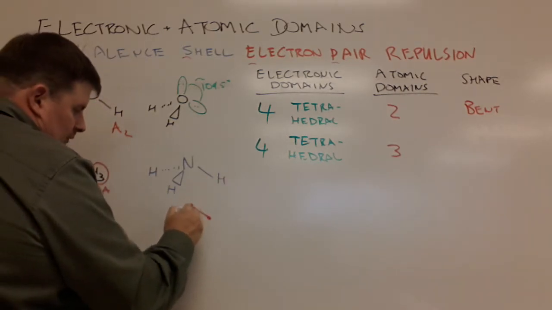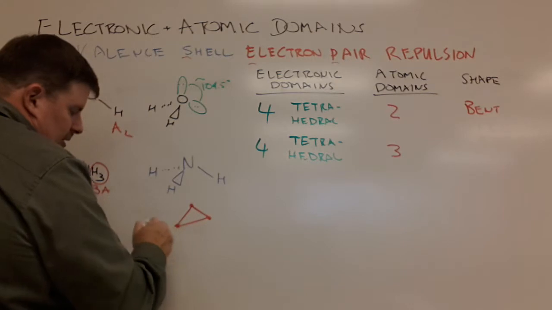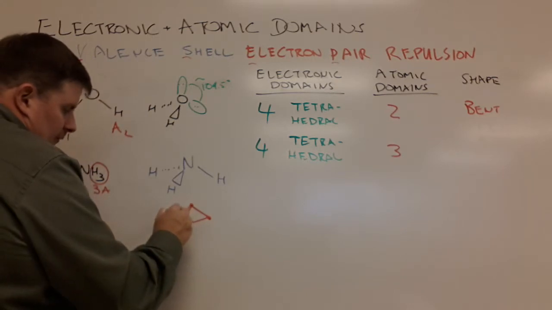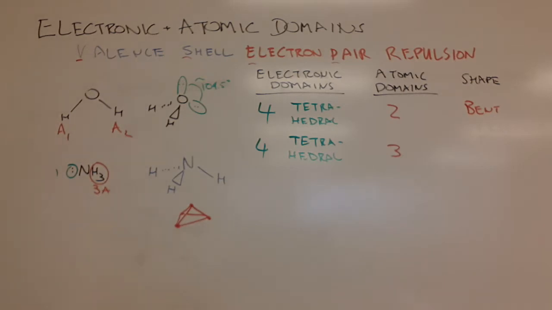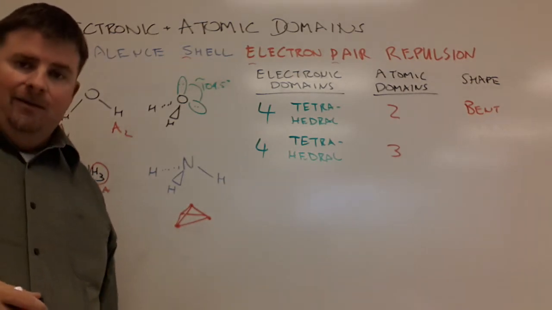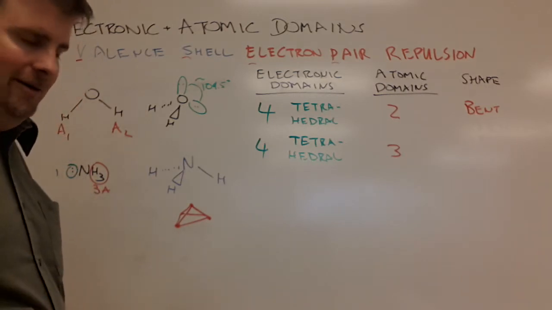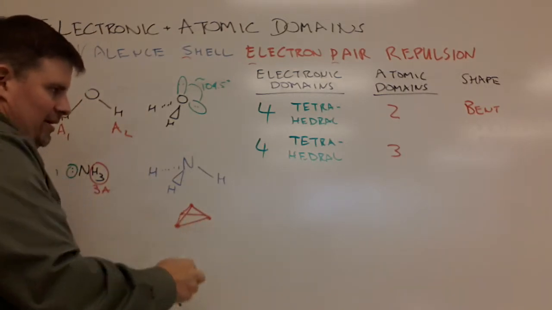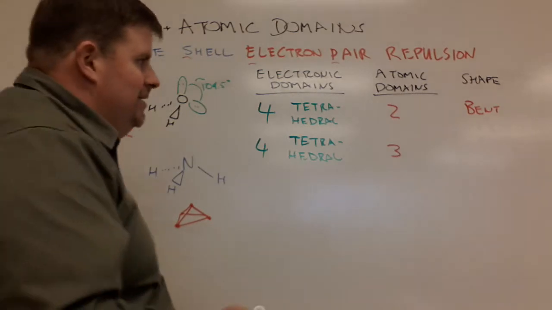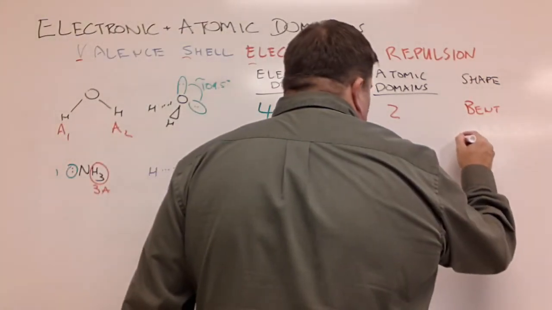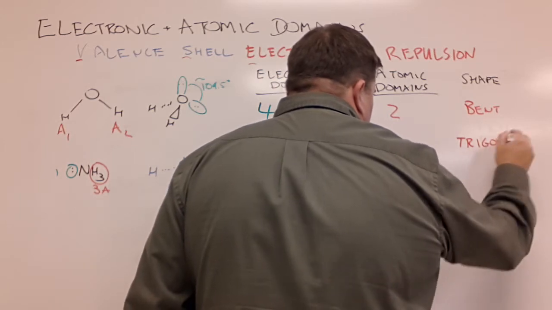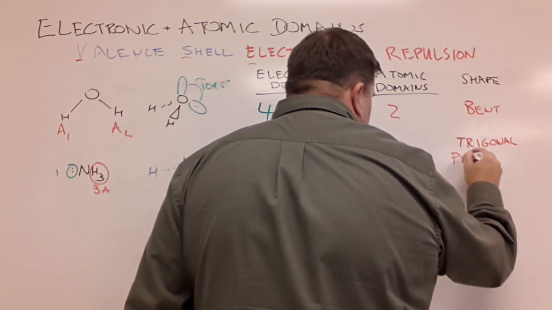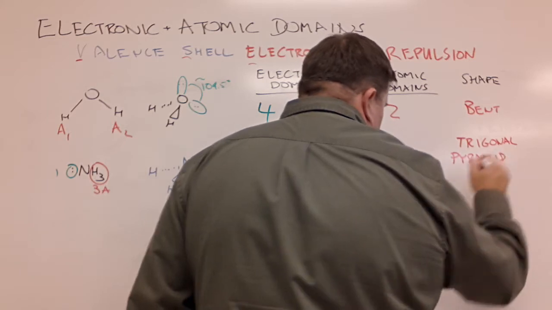It would come sort of away or towards us there and have 1 in the back. So if you look at that shape, it's kind of a pyramid shape. It's not as glorious as the tetrahedron, but it is a shape. And it's a pyramid, and it's got 3 points down here at the end. So this one we define and say that this is a trigonal, triangular pyramid. Okay?